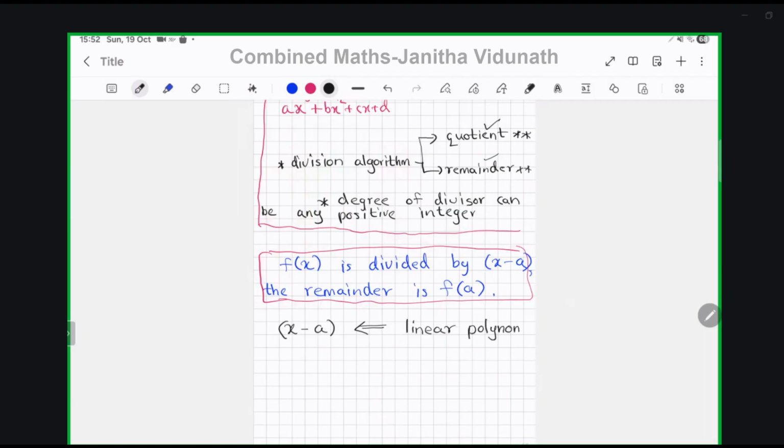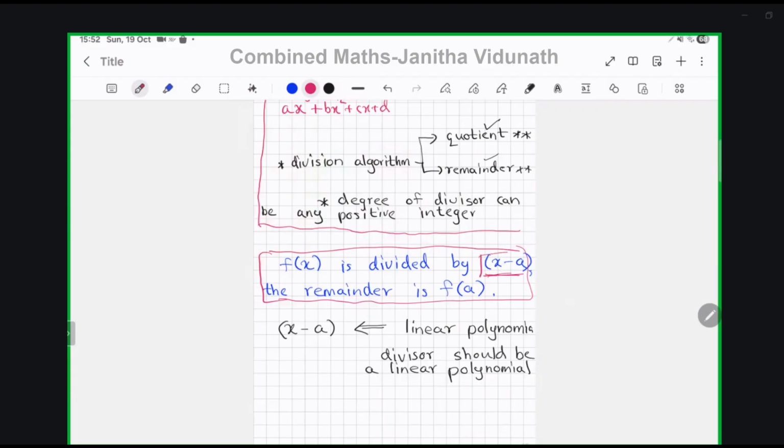Our divisor should be a linear polynomial, because in the remainder theorem they have mentioned only dividing by x minus a.